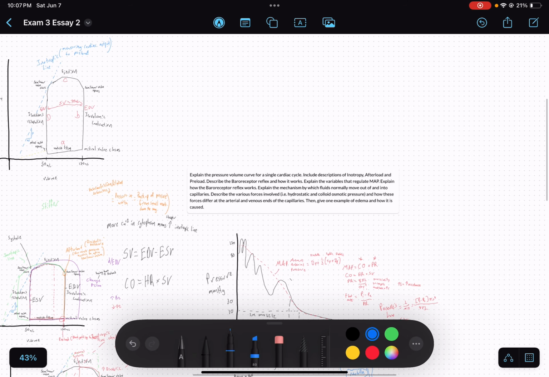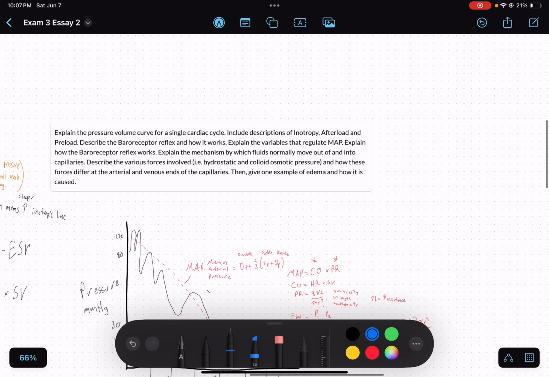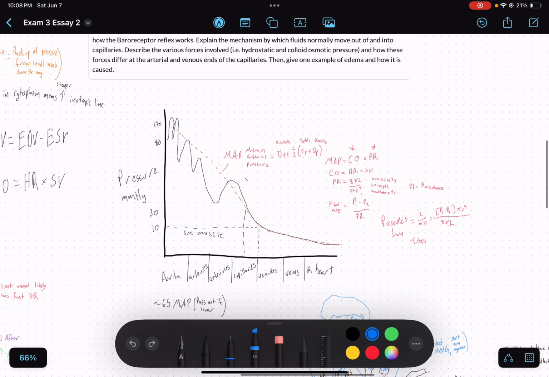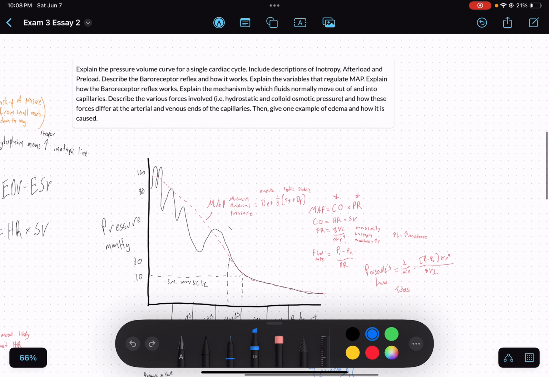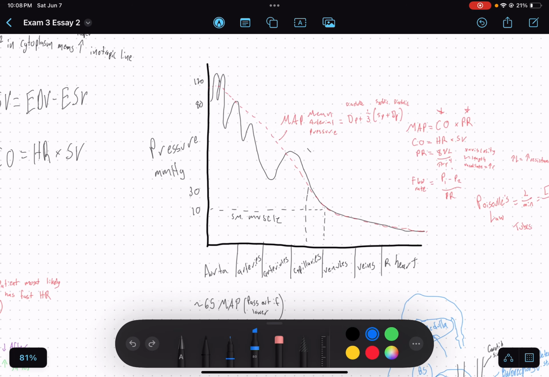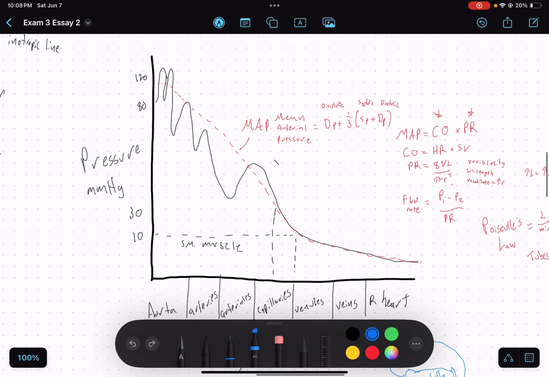And so, yeah, after explaining that, we're going to explain the variables that regulate your mean arterial pressure. And then we already explained how the baroreceptor reflex works, because it already asked about that there. So with the variables that regulate mean arterial pressure, we first want to find out what mean arterial pressure is.